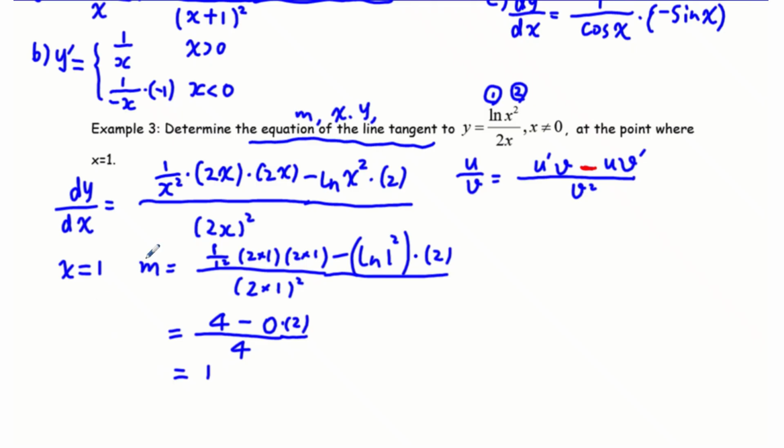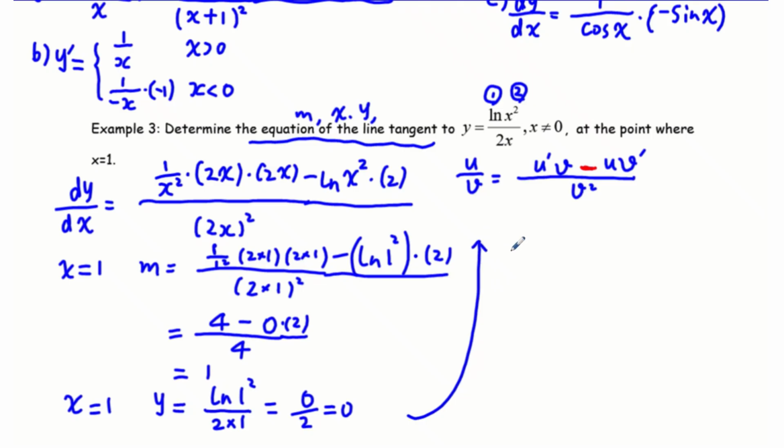Then we sub in x equals 1 here to find the y value. So x equals 1, y equals ln 1 squared divided by 2 times 1. We have ln 1 is 0, which gives you 0. So we are going to sub in m, x, y: m equals 1, (x, y) equals (1, 0).